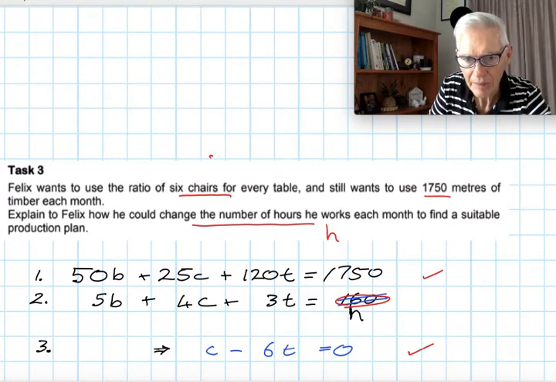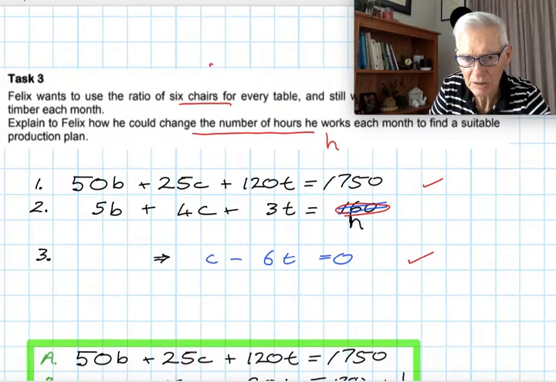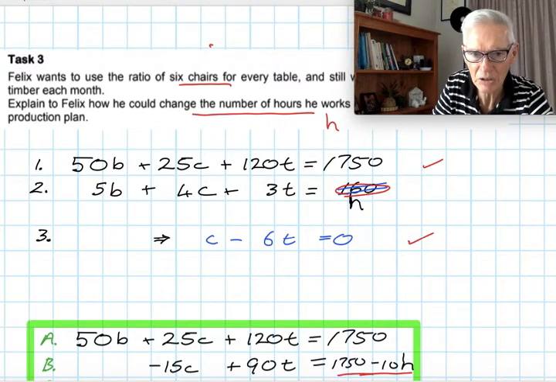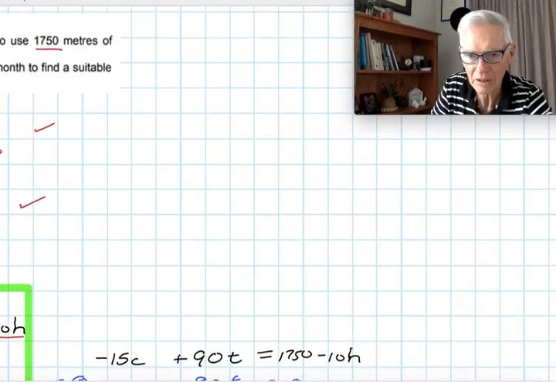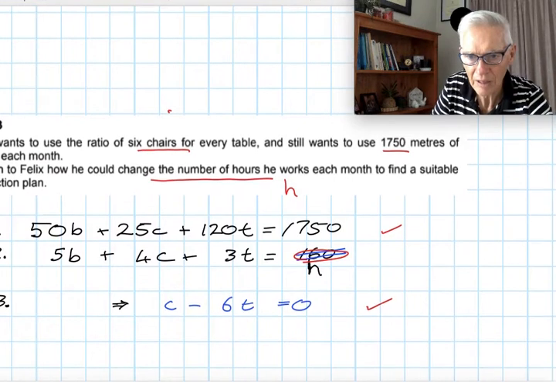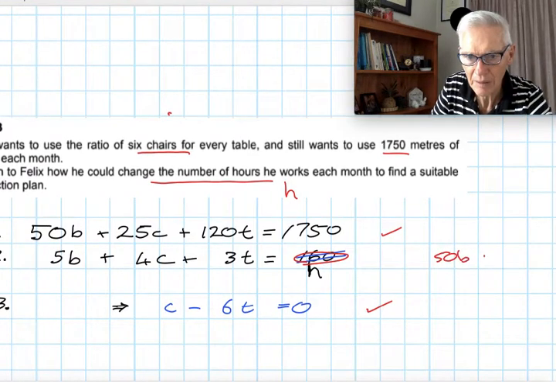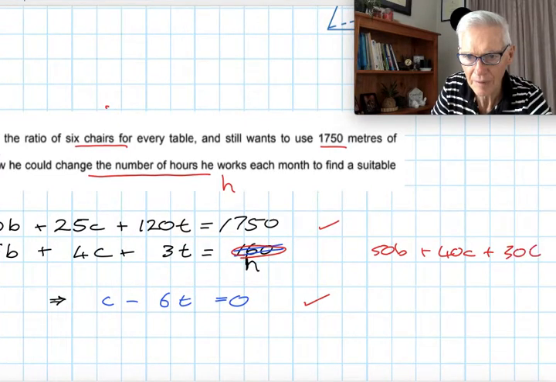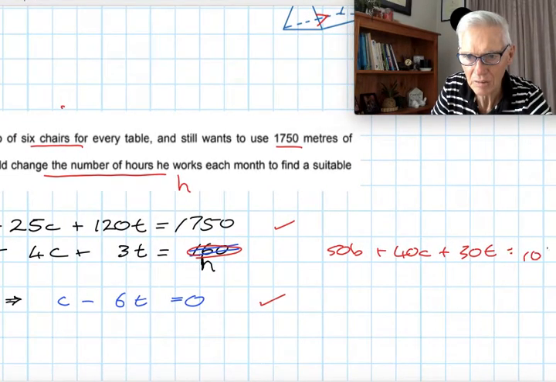Hopefully you've got that. Now let's go ahead and do our fixed box. So equation 1's the same. Equation 2, when we sort it out, we get 1750 minus 10h. Right? So what we need to do is multiply this equation 2 by 10. So we have 50b plus 40c plus 30t equals 10h.